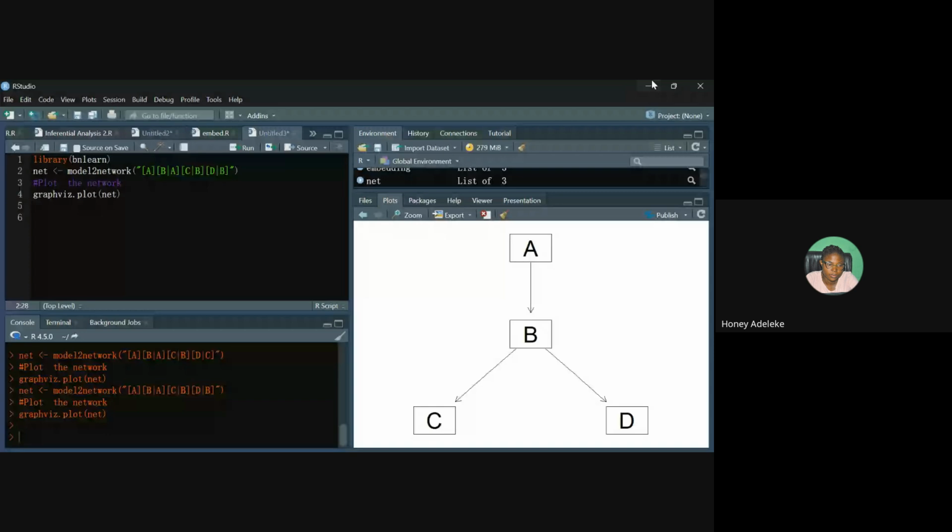Okay. Yes, you are correct. In a collider network, if your middle node is observed, what did I say would happen? The path will become active, and they will be dependent. Your A and your C would then be dependent on one another because the path is active.